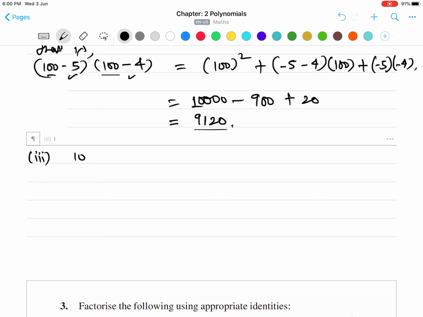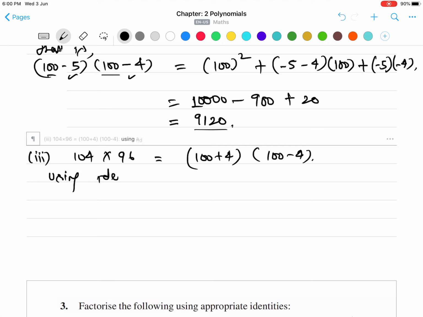Now we have 104 into 96. This can be done as 100 plus 4 and 100 minus 4. We can solve this using an identity. We can use x square minus y square, which is given by x plus y into x minus y.